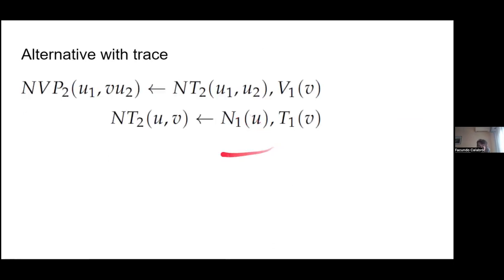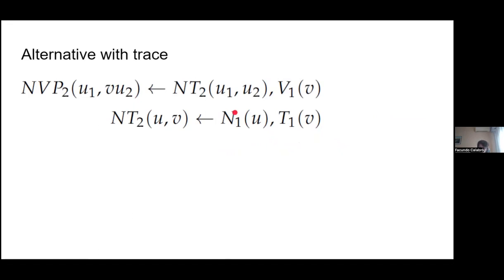We can also have this alternative with a trace, where we define a noun as a pair of predicates of dimension 1, but one string is the trace, which should be phonetically null, and the other is the string that will be pronounced.